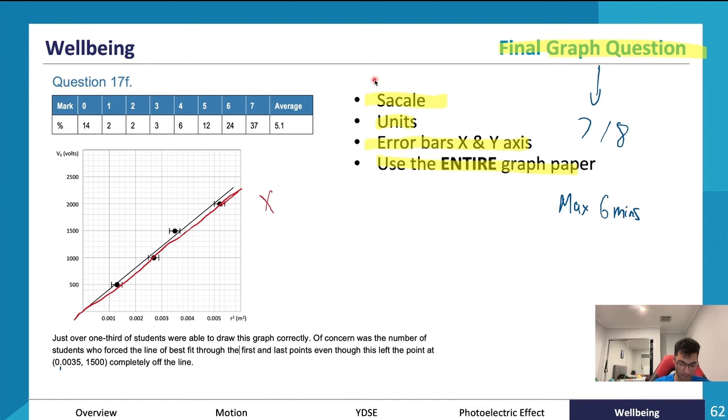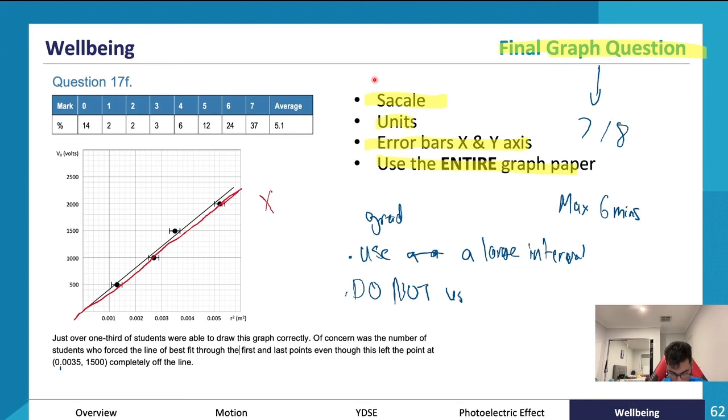And the last thing is for the gradient. If you're calculating the gradient of the line, use a large interval. And do not use the points. So let me just rub this out.